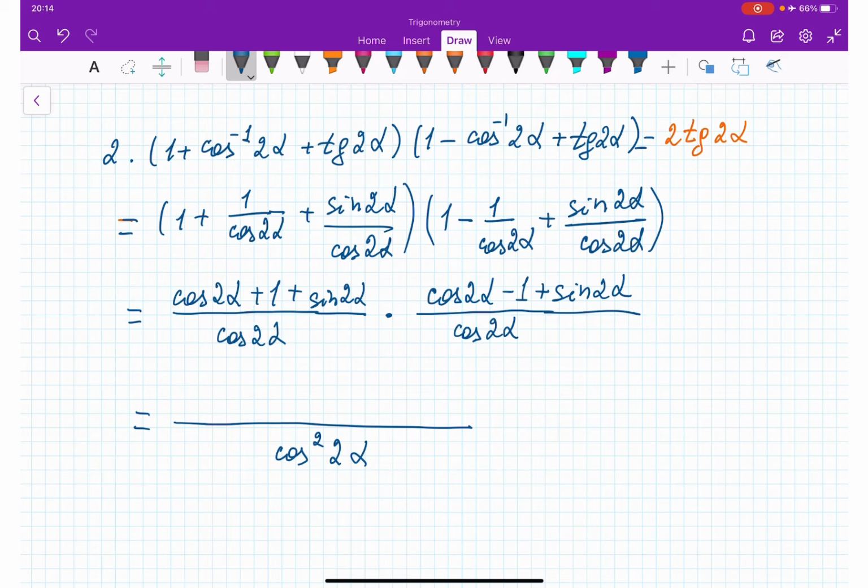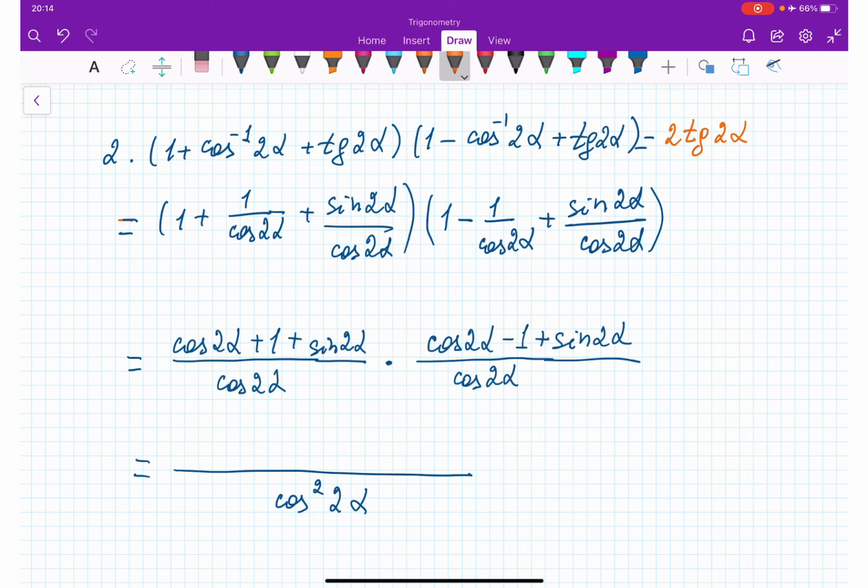Now, what do we have here? Look at that. I can write down here, let me see, in which format I'm going: cosine alpha plus sine alpha plus 1, and here I have cosine alpha plus sine alpha minus 1.